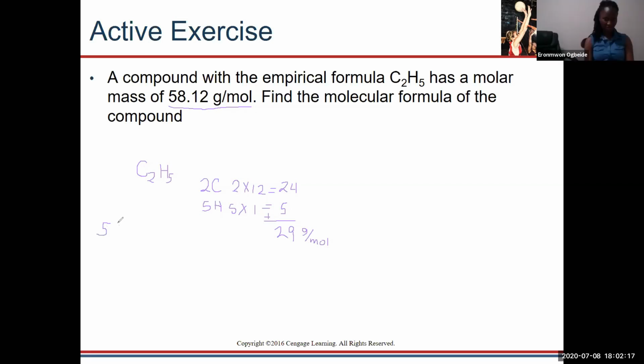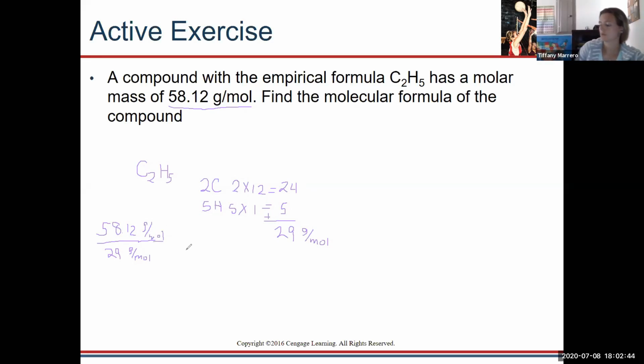You're going to divide it by 29 grams per mole, and that equals 2.